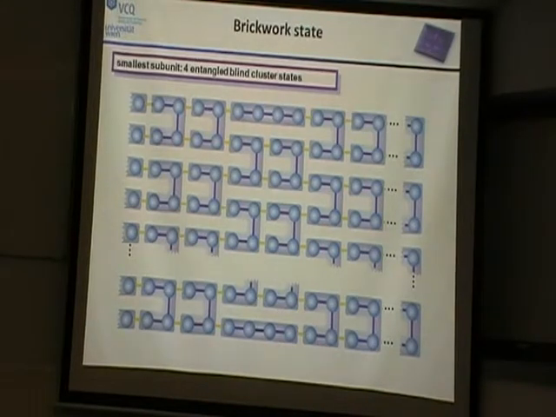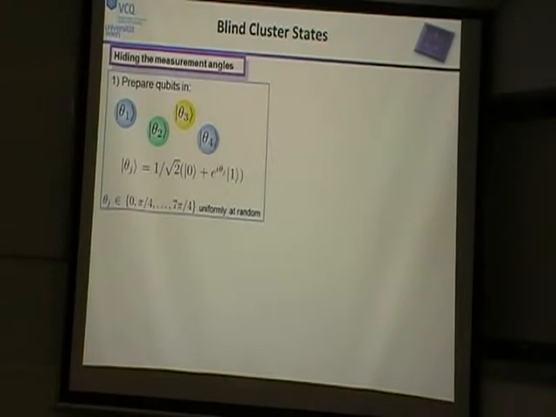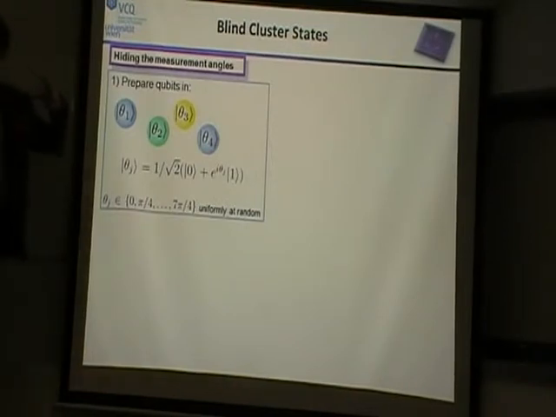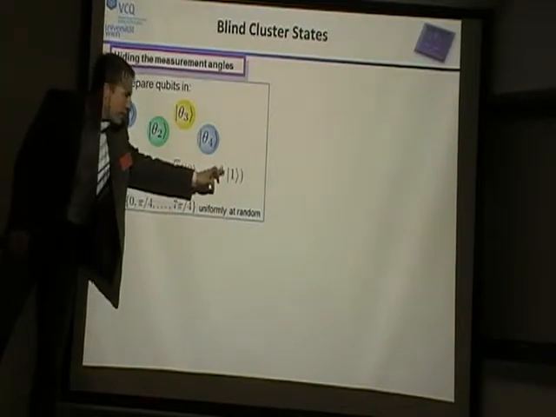So here's the indication that you don't actually need 10 qubits, you can use fewer qubits, 4 qubits, which we had in our lab, and we can also put them together into some kind of brickwork states in the big picture. So how to hide the phase now? That takes more than one slide to explain, but it's not very hard. The idea is that in contrast to the regular computation, where you make a cluster state and all the underlying qubits are in a plus state, 0 plus 1, that's basically the standard case, we add this new phase here.